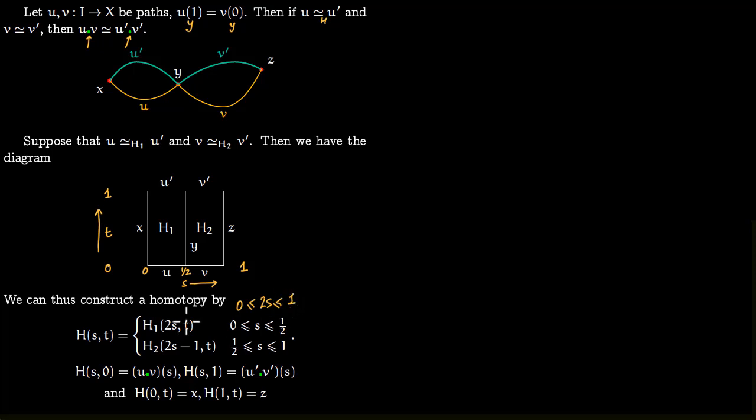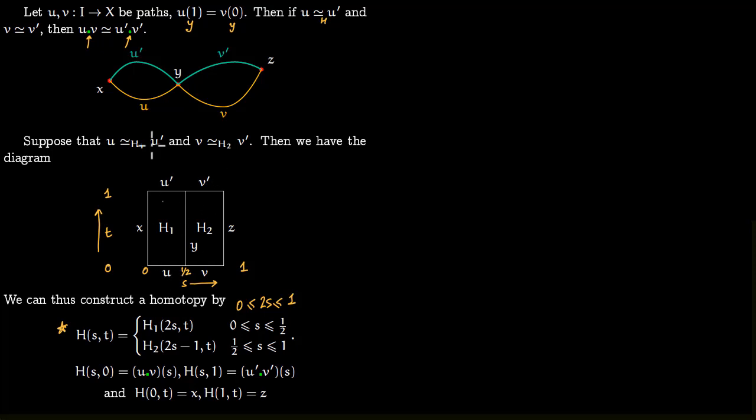We are not varying t, so t we keep as such. And the second part is half less than or equal to s less than or equal to 1. The second part is from here to here. So this is the second homotopy. Again you normalize this, you get 2s minus 1, t we keep as such. And this is the homotopy which is required, which basically homotopes uv to u prime composed with v prime.